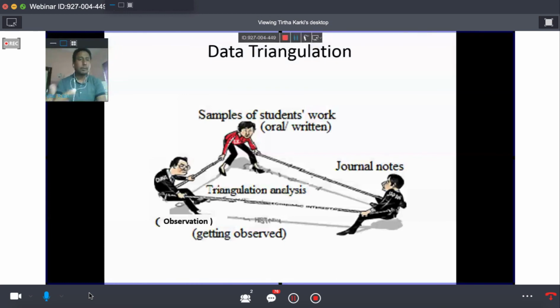When you use different tools, then there will be a variety of data, and the validity of your data will be increased. So think about triangulating the data, and it will be very effective as well. Especially you get a lot of responses from different sources, and that will be very helpful for you to select the best strategies to solve your classroom problem.